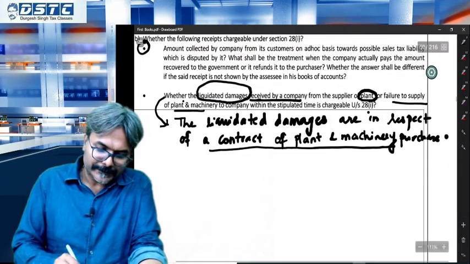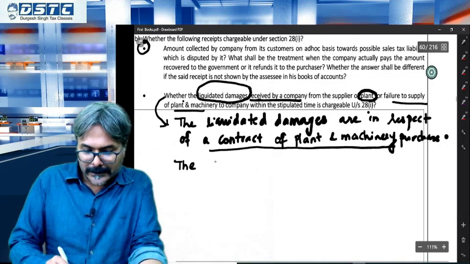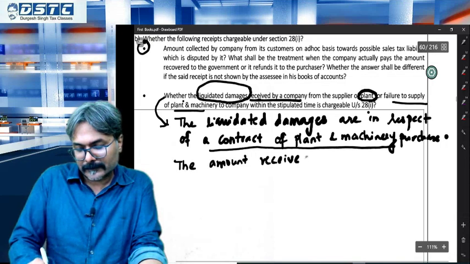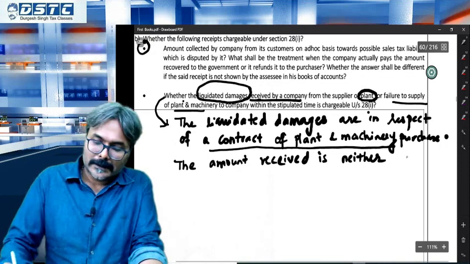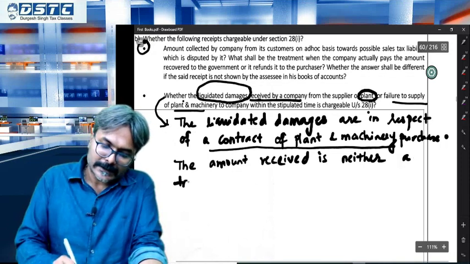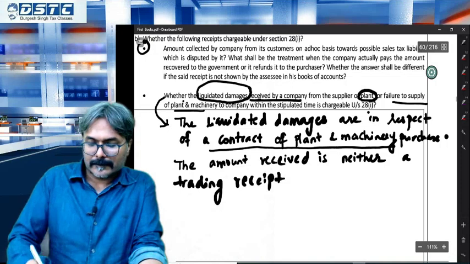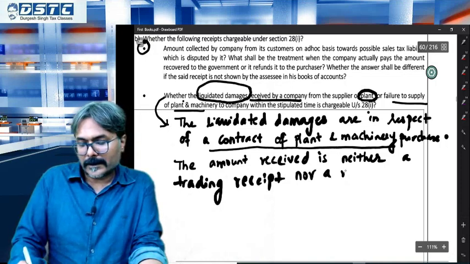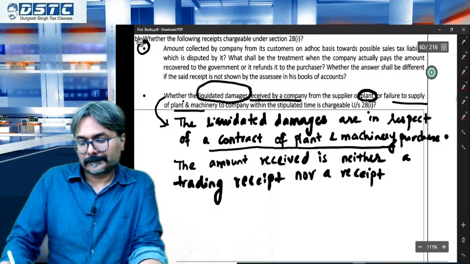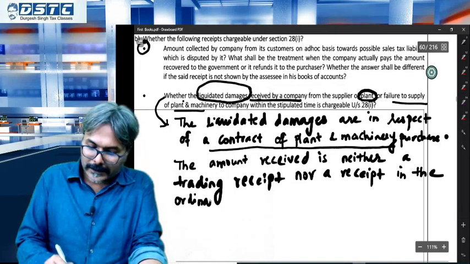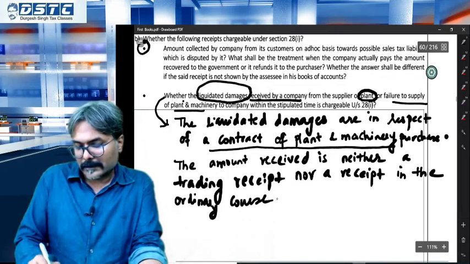After that, right below this: the amount received is neither a trading receipt nor a receipt in the ordinary course of business.